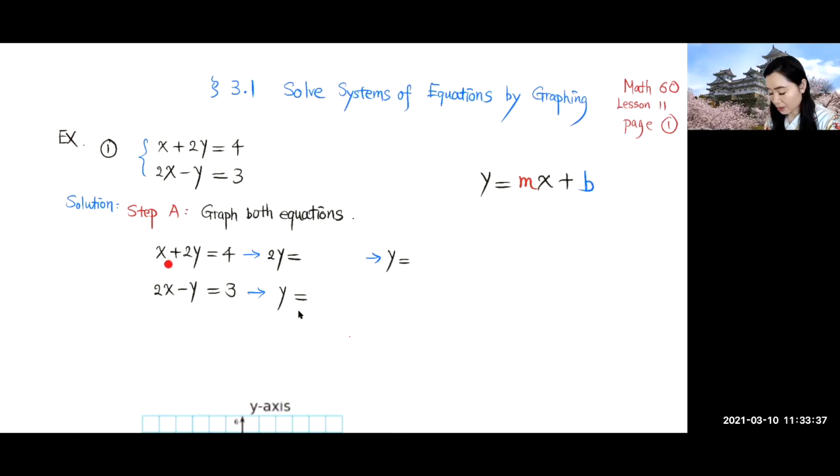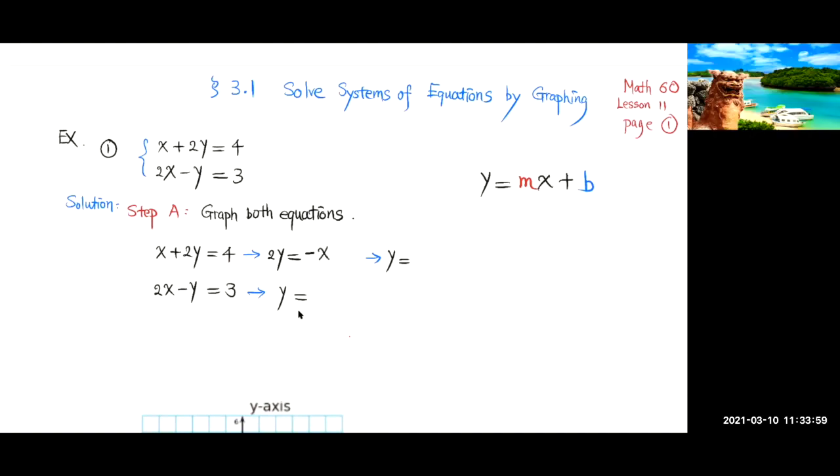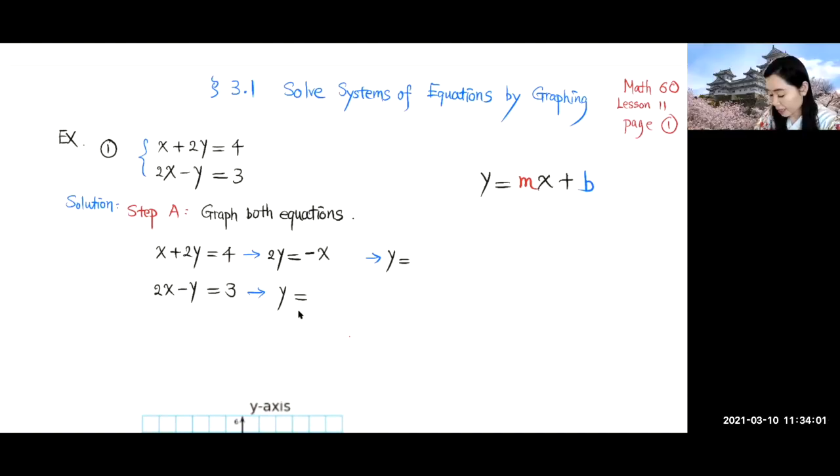I'm going to isolate the y and put that in slope-intercept form. To isolate y over here, we first isolate 2y, so we subtract x from both sides. So we get 2y equal to 4 minus x, or negative x plus 4.